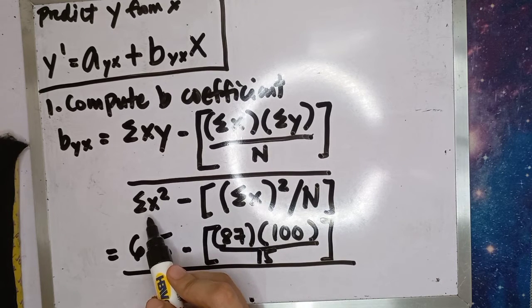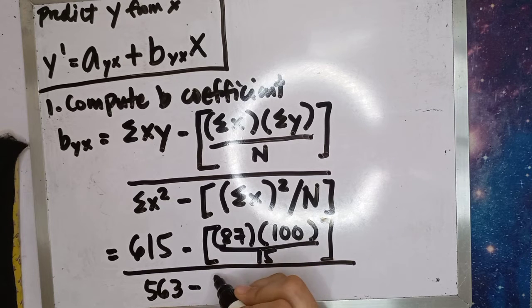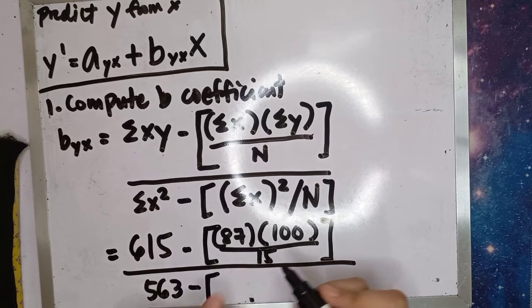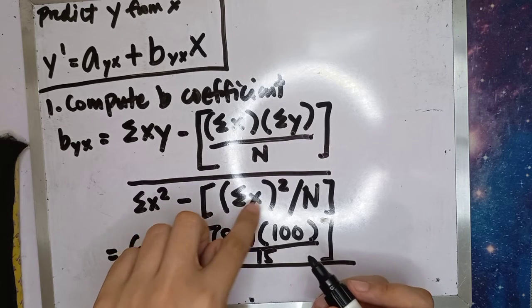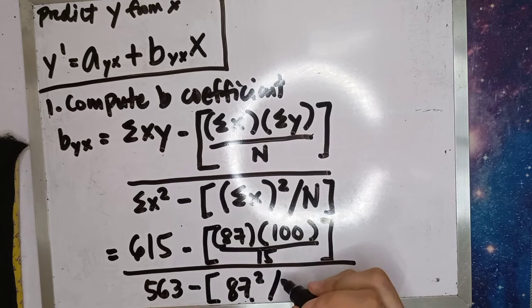Then, sa baba naman, summation of x squared, 563. Minus summation of x mismo, tapos i-square natin yon. So, 87 squared over yung n natin, which is 15.